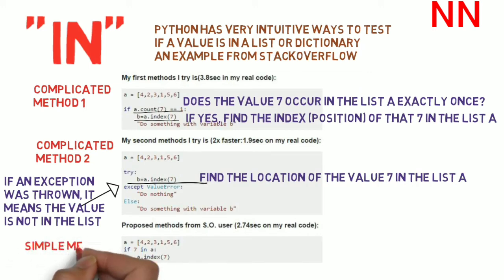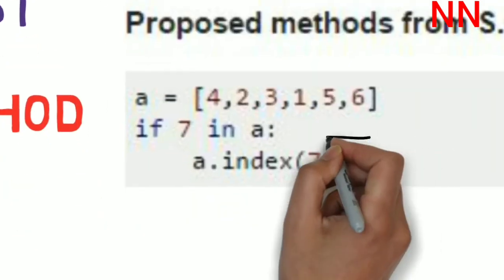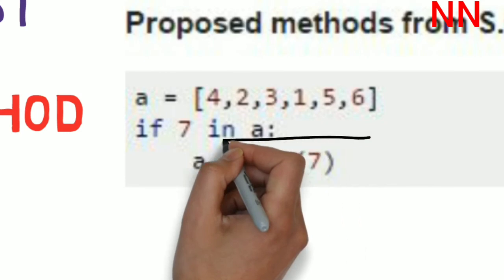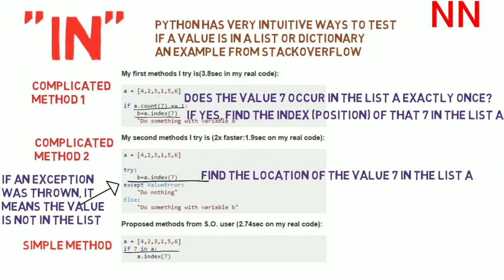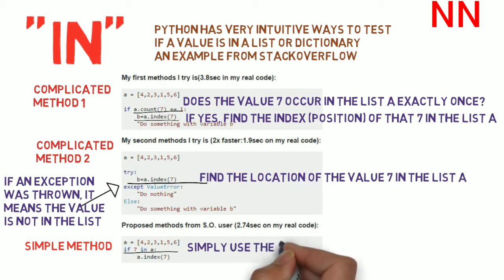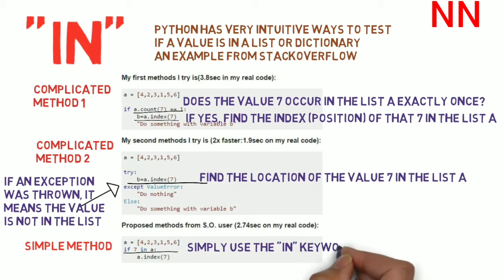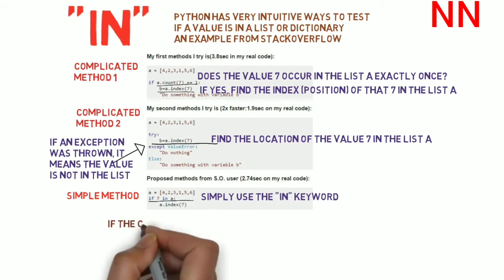So here is a directly simple method. Just say if that value is in that list, if 7 in A, then do whatever you need it to do when this condition is satisfied.